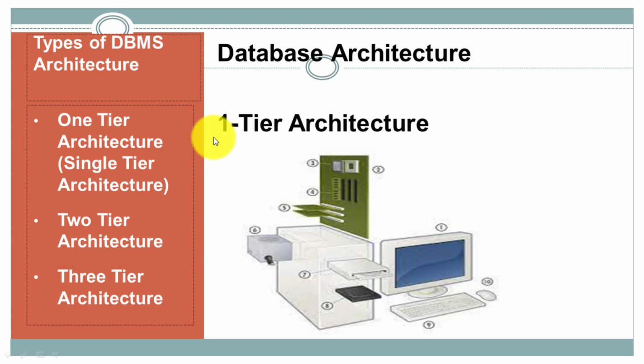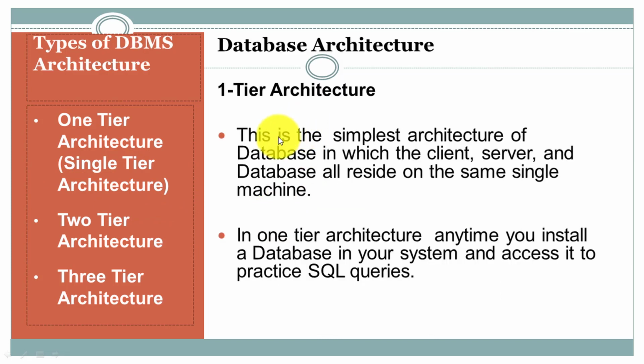That's why it is called one tier architecture, or single tier architecture. This is the simplest architecture of a database, in which client, server and database all reside on the same single machine.